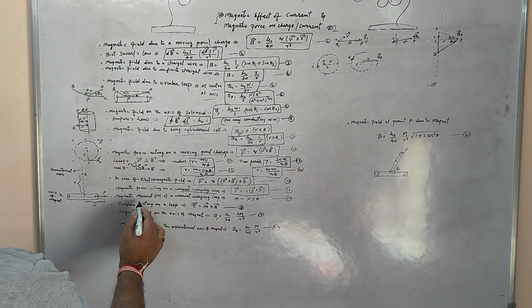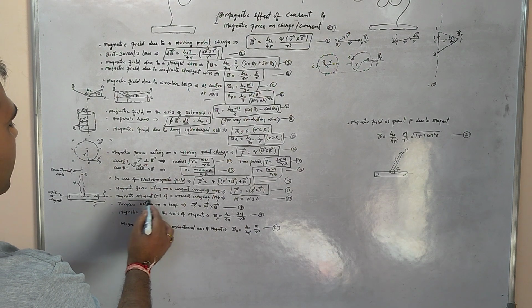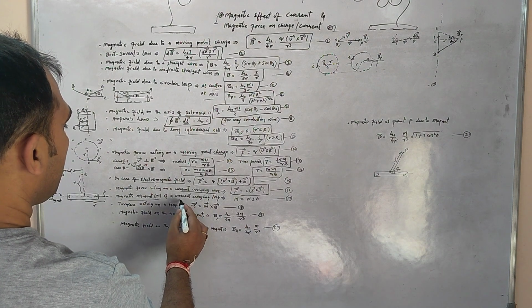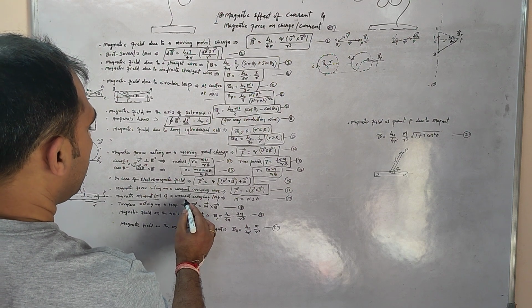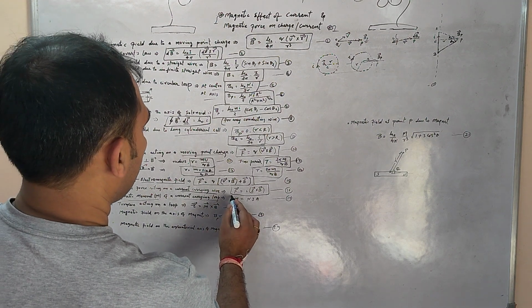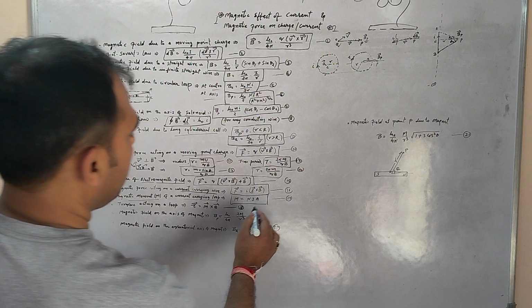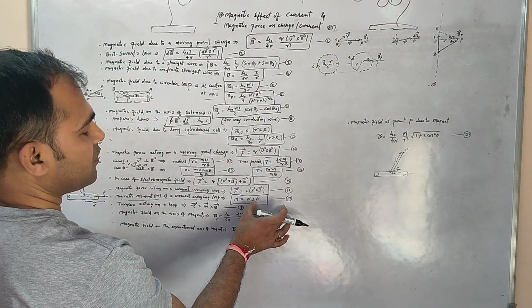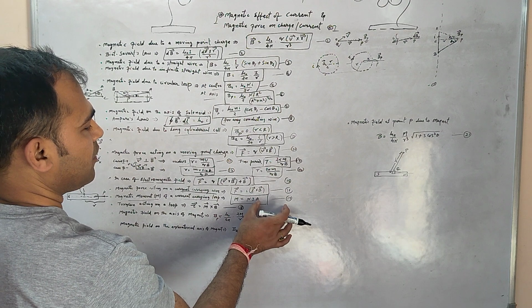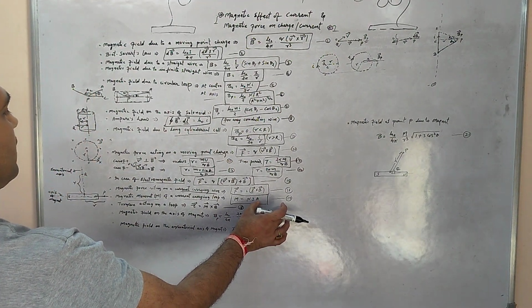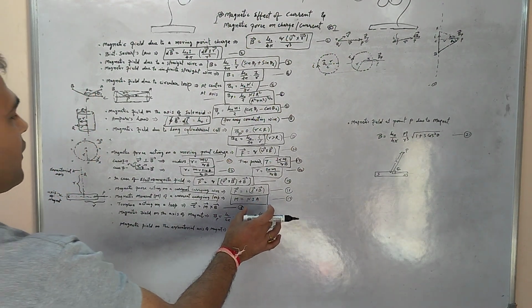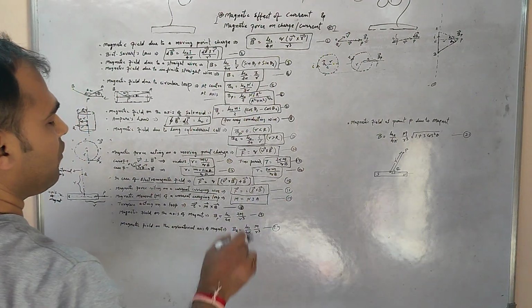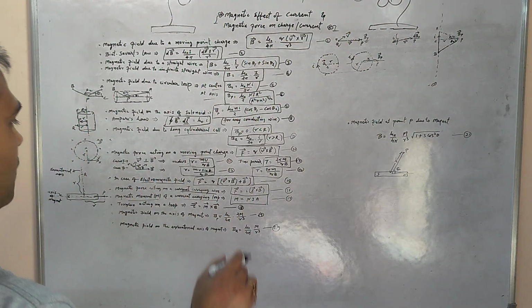So next, magnetic moment of a current carrying loop will be equal to NIA, where I is the current, A is the area of cross section, and N is the number of loops.